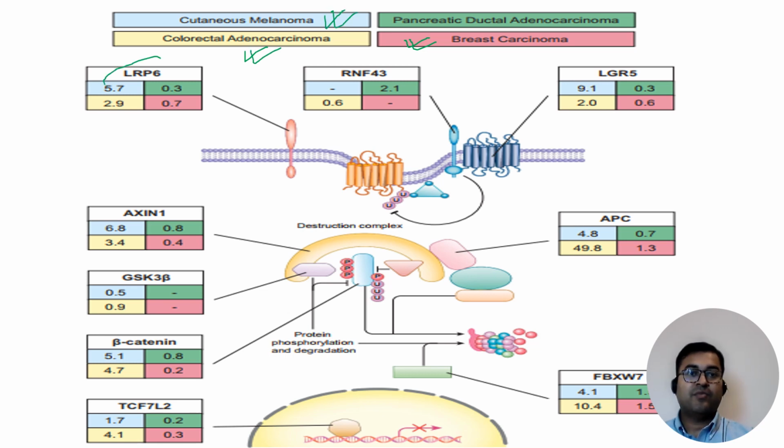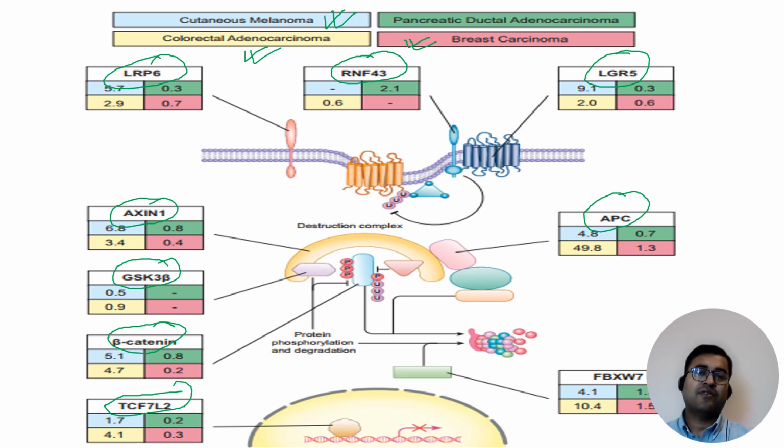And these are the molecules, as we have discussed, the important components of this Wnt signaling pathway. So in various types of cancers, these different components of Wnt signaling pathway are actually dysregulated, and this dysregulation of different components of this Wnt signaling pathway leads to development of different types of cancer.